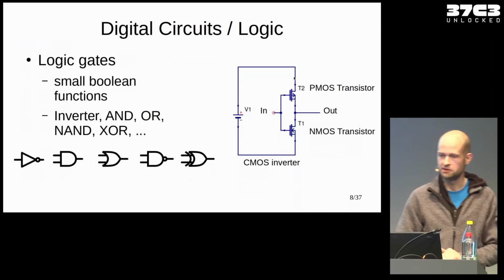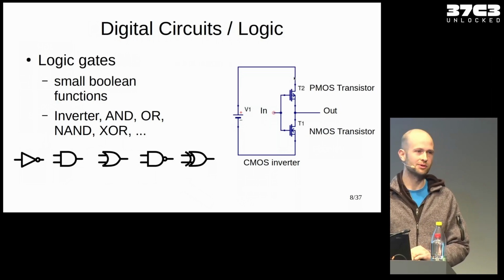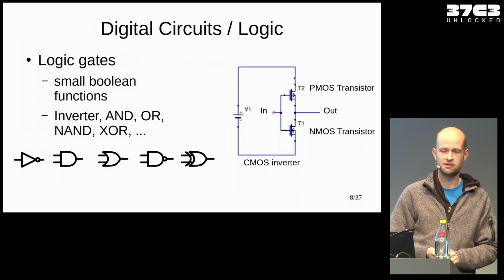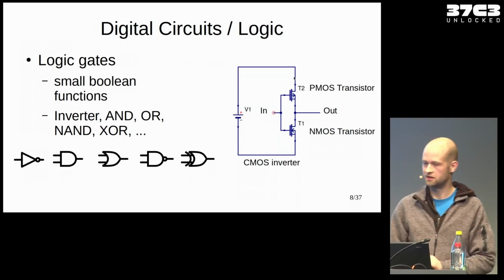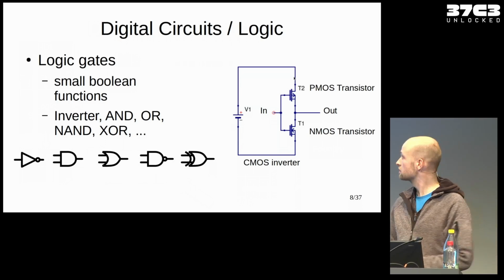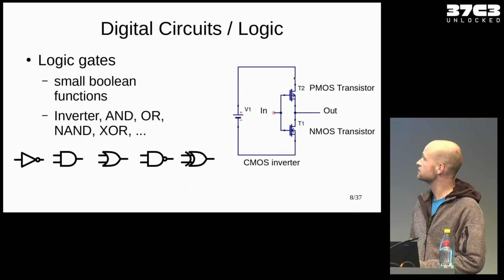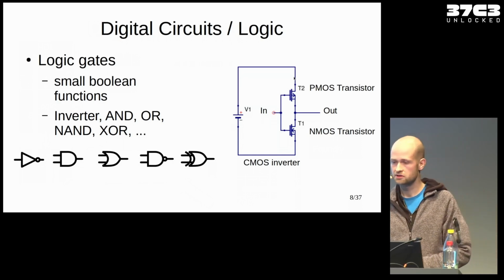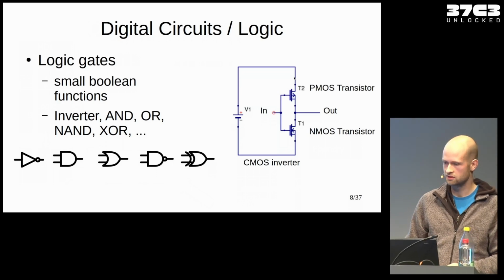So, a quick recap about digital circuits. They're built from logic gates. They implement small Boolean functions. That's, for instance, inverters, AND gates, OR gates, NAND, XOR, and many more. Here is a picture of how such a gate looks inside schematically. It's built from transistors. Here on the right, for instance, is an inverter. Now, it's not so important for this talk to understand in detail how this works.